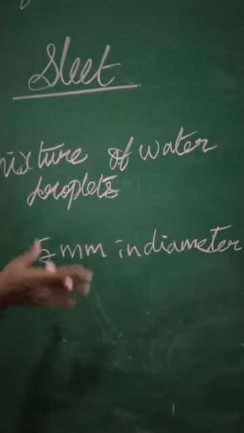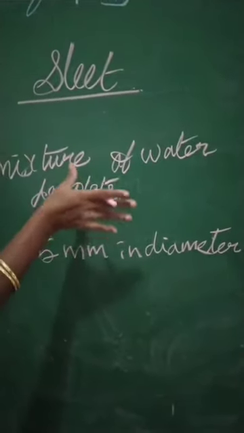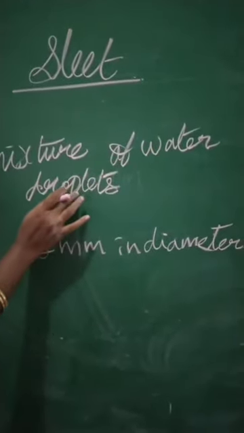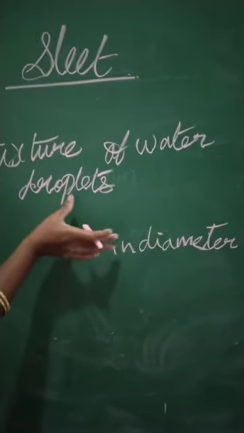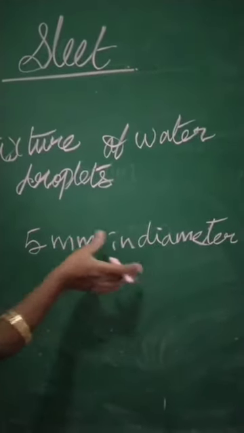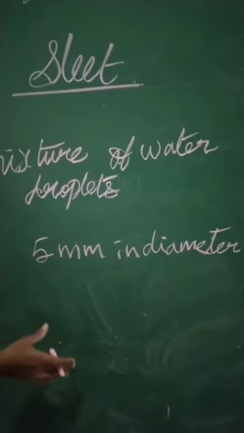Listen carefully. The precipitation which takes place in the form of a mixture of water droplets and tiny particles of ice, 5 mm in diameter, is known as sleet.